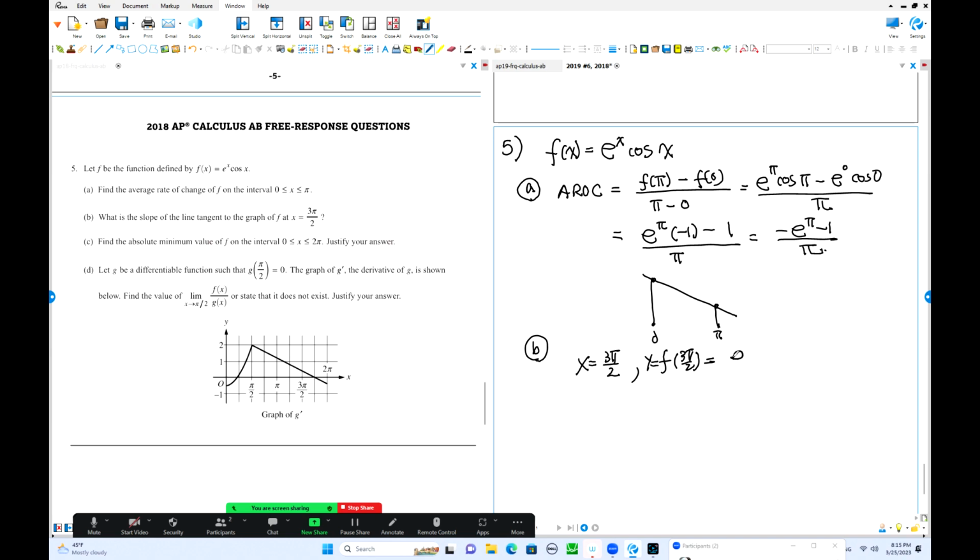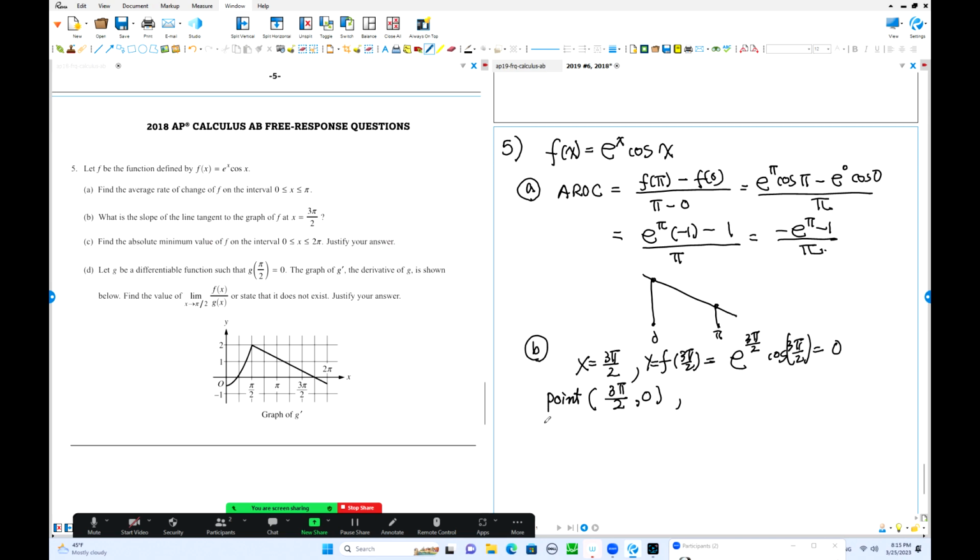So e to the 3 pi over 2 and the cosine 3 pi over 2. Cosine 3 pi over 2 is 0, right? So this one times 0 is always 0, okay? So the point on the tangent line is what? 3 pi over 2 and 0. That's the point, okay? Now you got the point already.